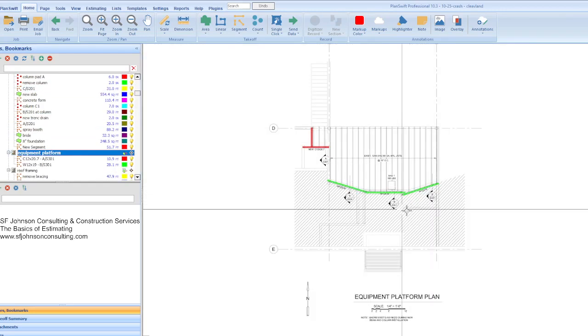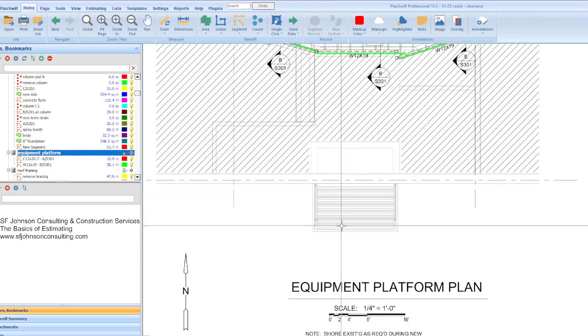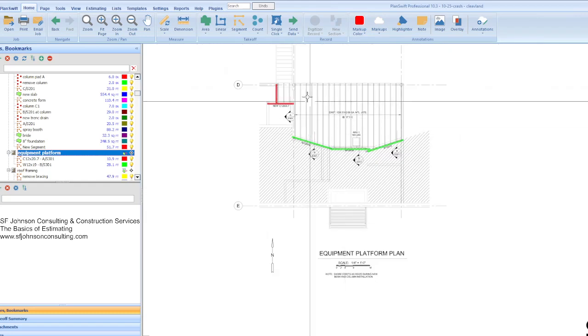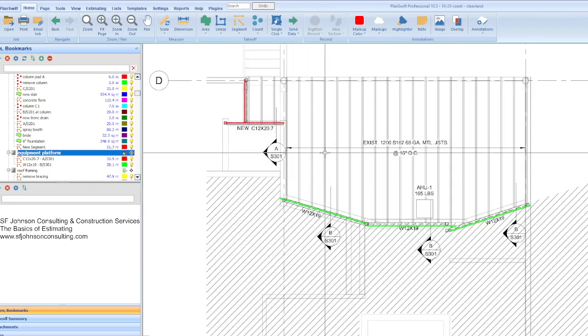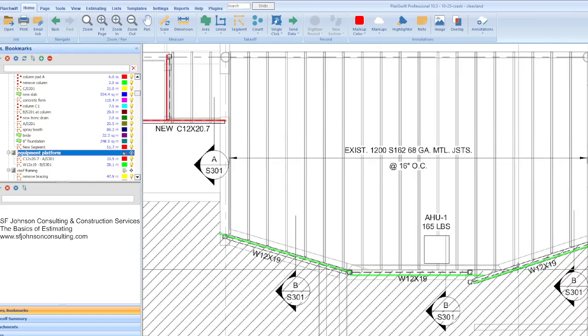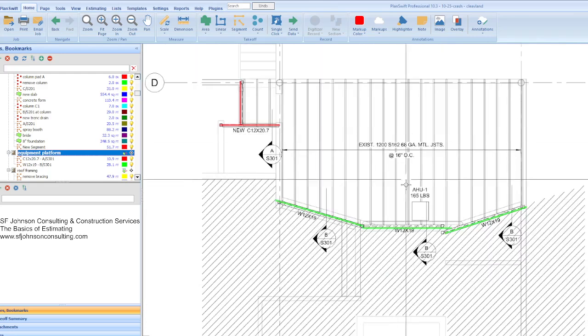When we have structural, that is our foundation, and any new roof framing or anything of that nature. So here we have some new beams that are going to be placed along the existing metal joists.